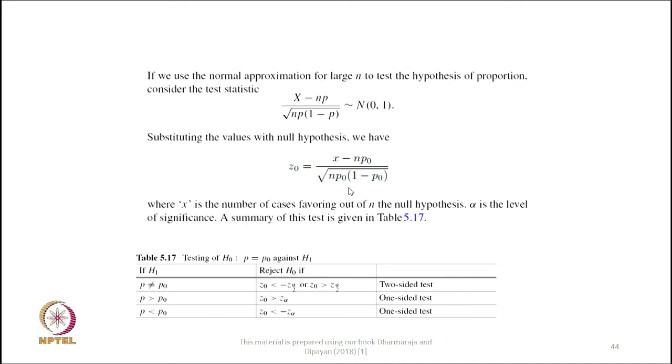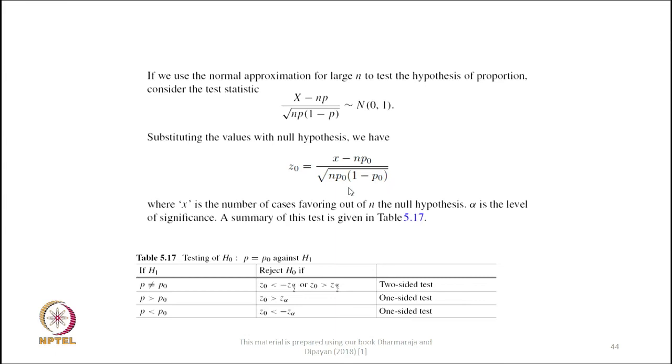The test statistic is capital X minus n p divided by square root of n p times 1 minus p. The reason is X follows a binomial distribution whose mean is n p and the variance is n p times 1 minus p. Therefore, for larger n, this test statistic is approximately a standard normal distribution.